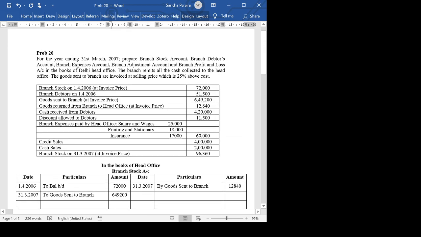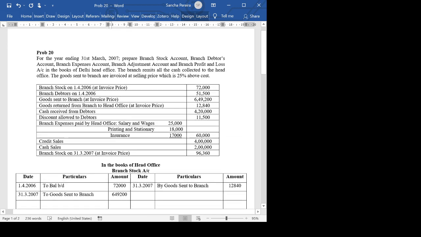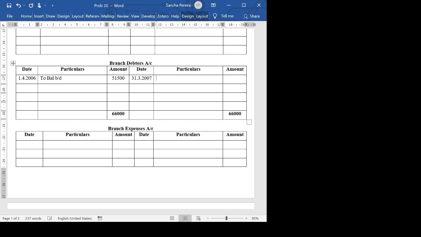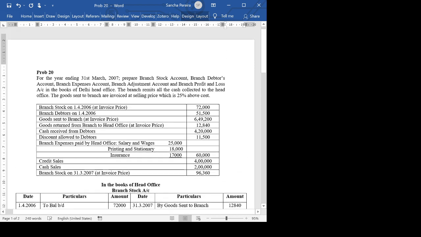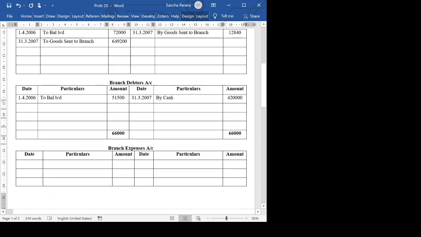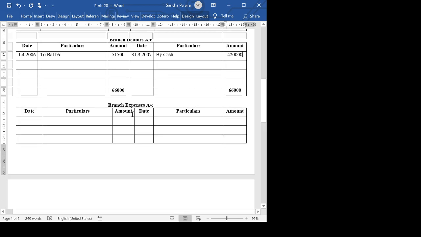Next, cash received from debtors. This is going to come in the debtors account, by cash, 4,20,000. Discount allowed to debtors, 11,500. Now be careful with discount allowed. Since it's an expense, it's also going to come in the branch expenses account.